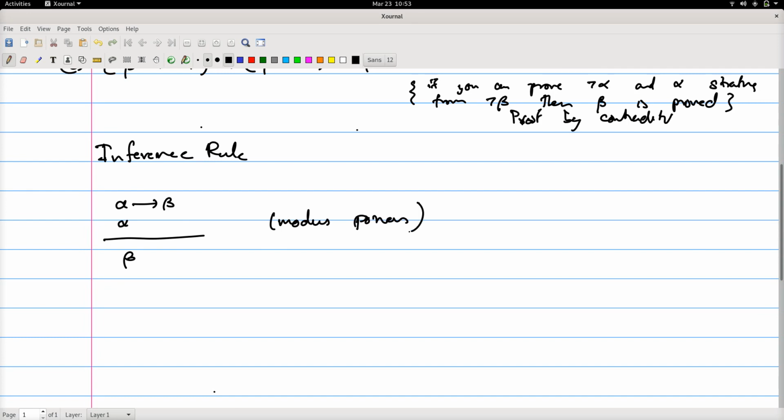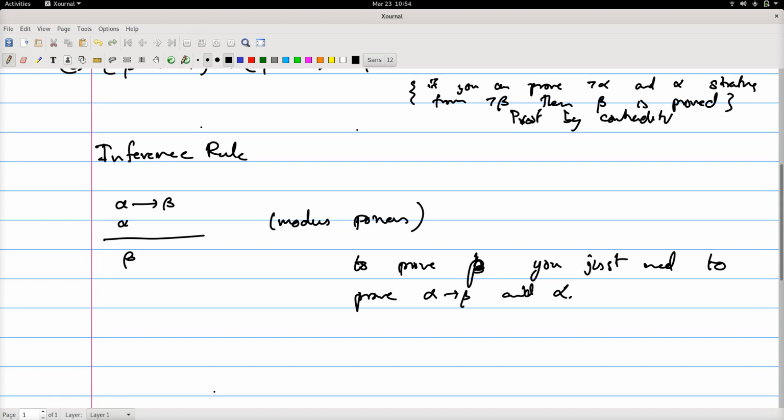To prove beta, you just need to prove alpha implies beta and alpha. That's something you have seen when you do mathematics.